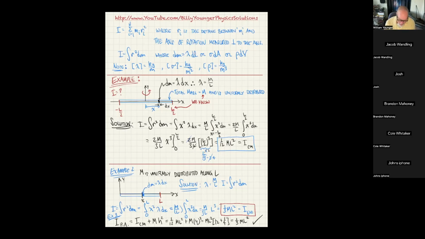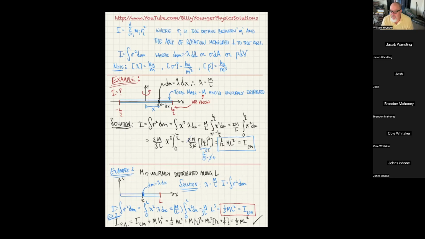So I want to tell you it is useful. You should probably take the time to go ahead and commit these facts right here to memory, because they're going to be used over and over and over again in the center of mass calculations, in the moment of inertia calculations.